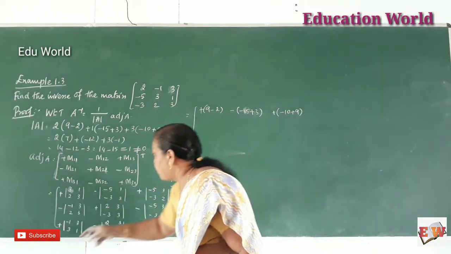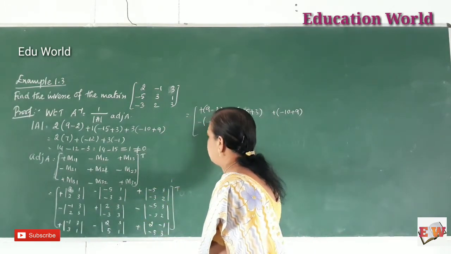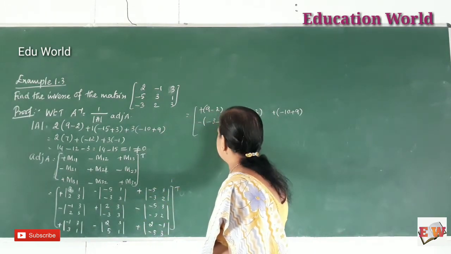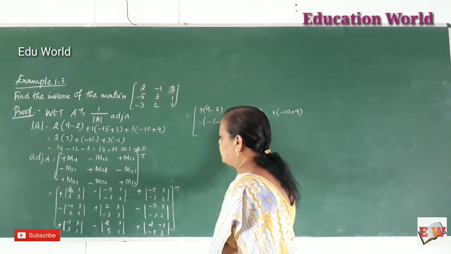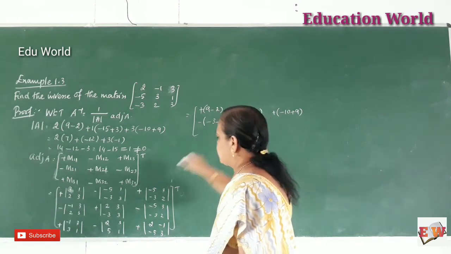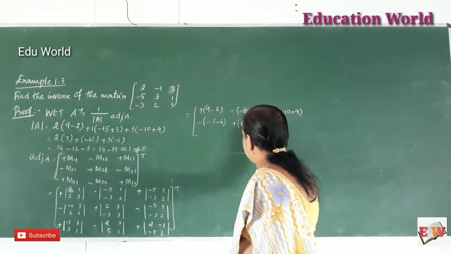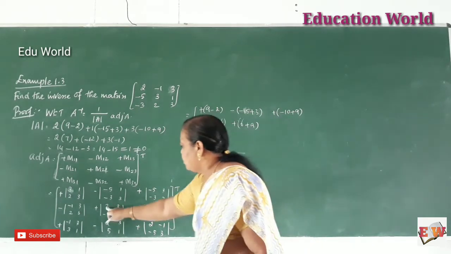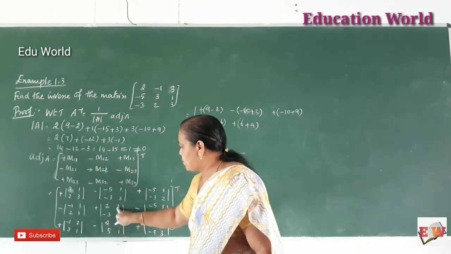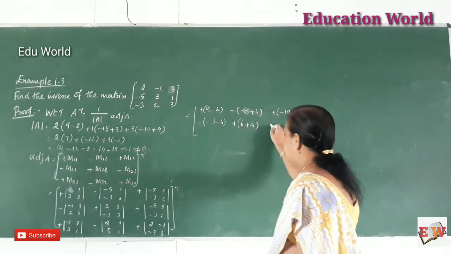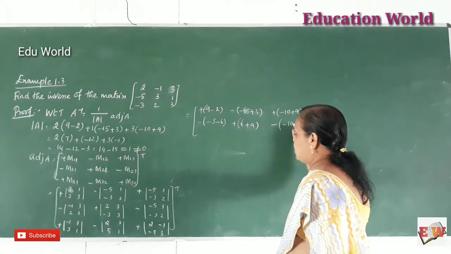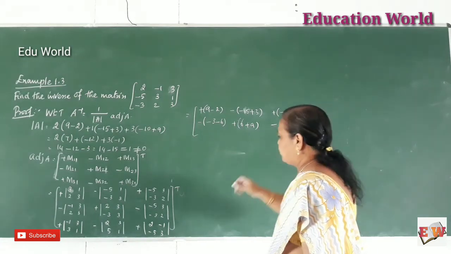Second row: minus 3 minus 6, plus 2 into 3 is 6 plus 9, minus 10 plus 9.